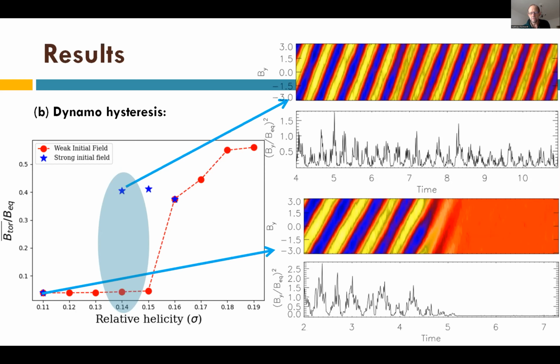And next remark, in our experience, helicity is not required for the small-scale dynamo, that's general wisdom, but it's not true in our experience that helicity does not affect the small-scale dynamo.